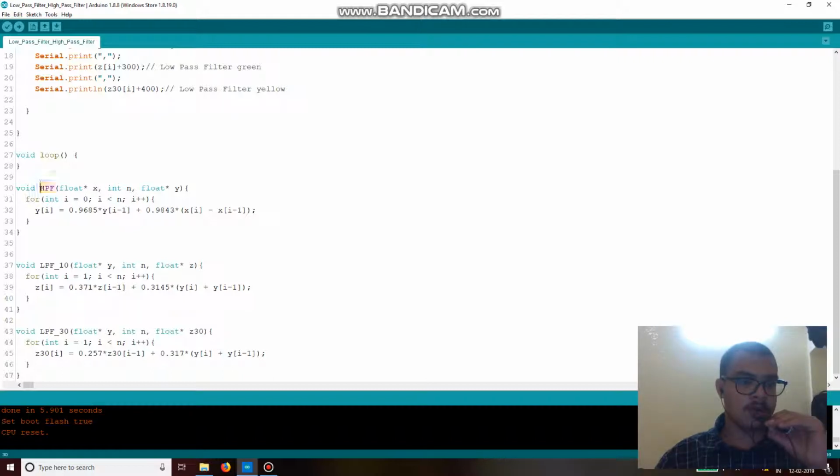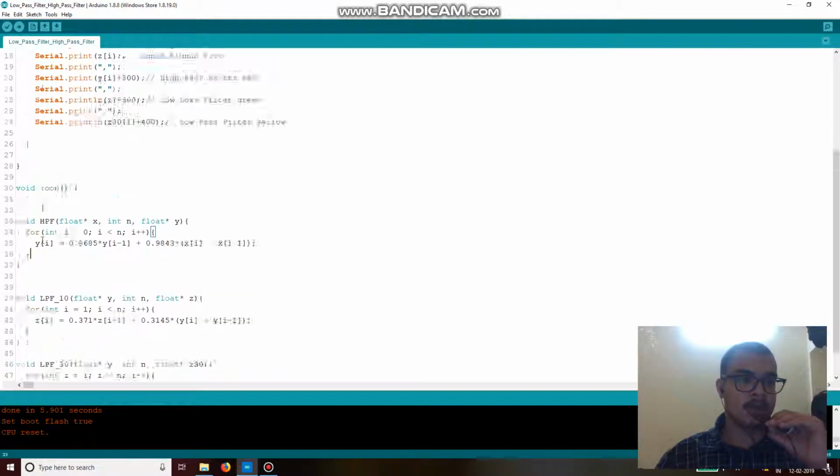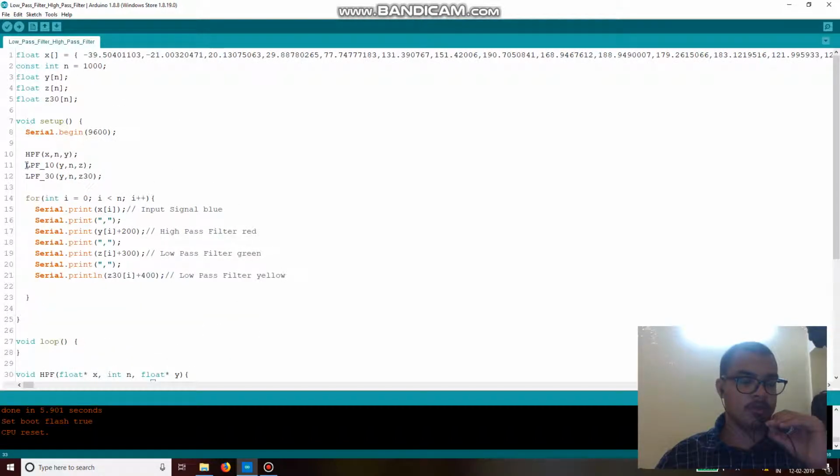In this function we are required to include a star, basically because we are passing arrays through the functions. And now we perform the LPF10 operation, whose cutoff frequency is at 10 hertz.